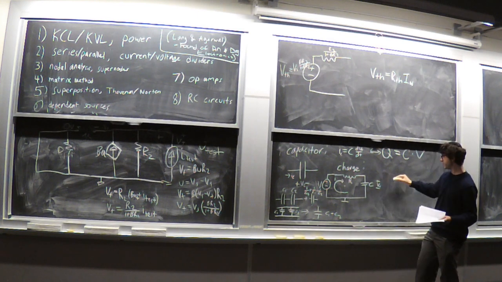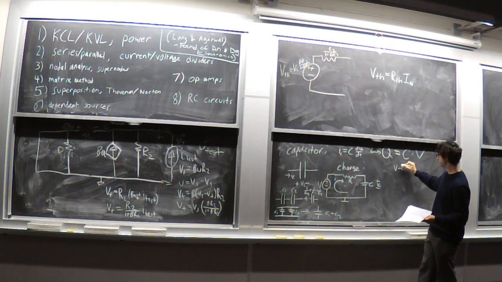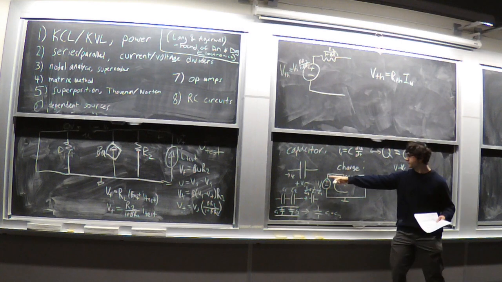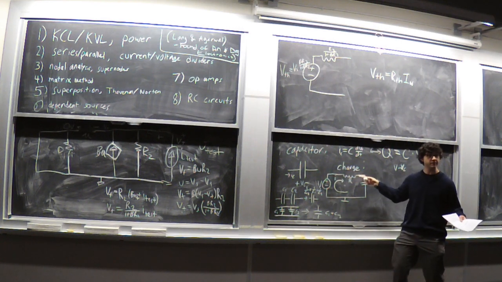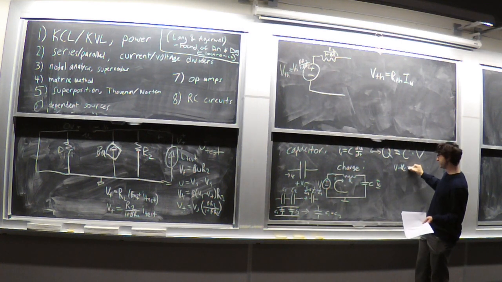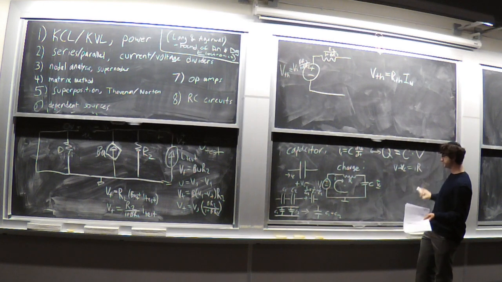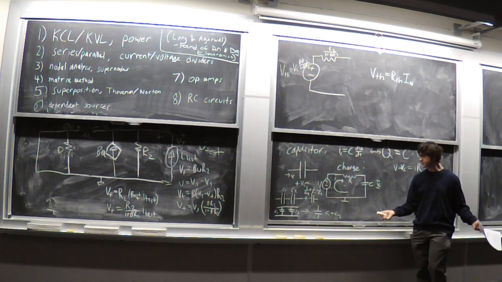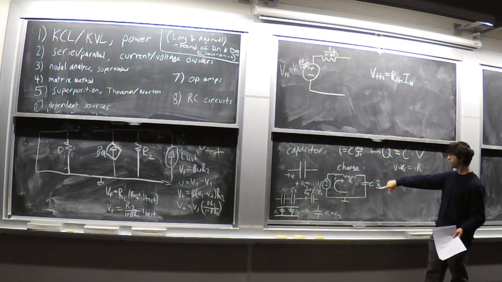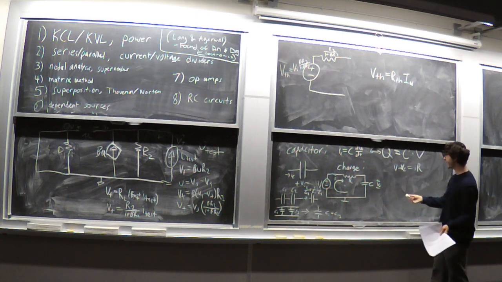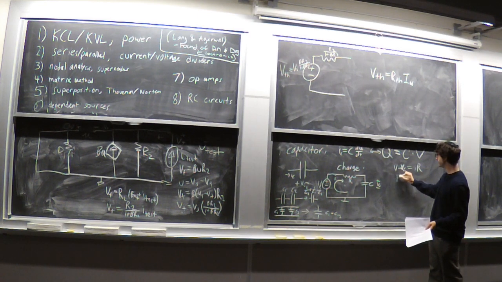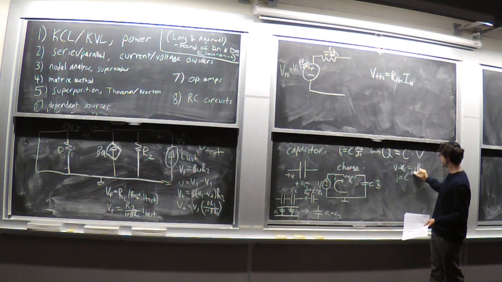We see that V minus Vc is the voltage drop across the resistor, so that's going to equal I times R. And then we also have our normal equation for our capacitor, that I equals C dVc dt.